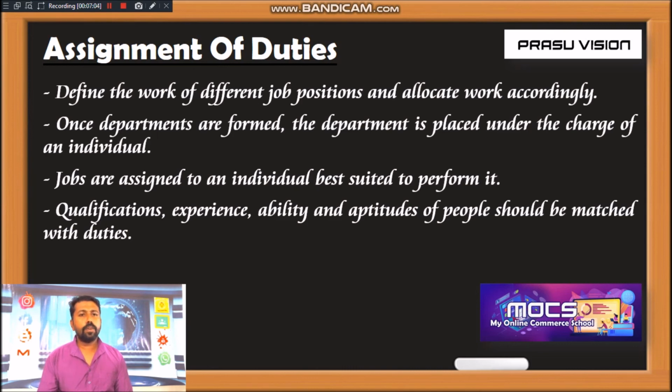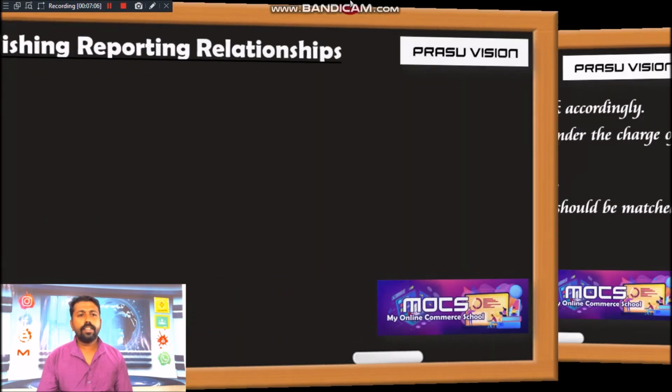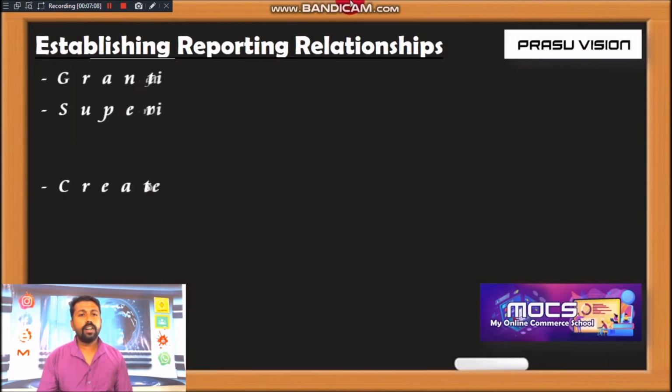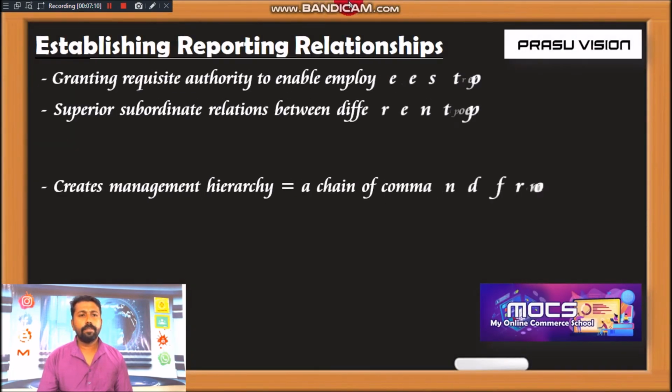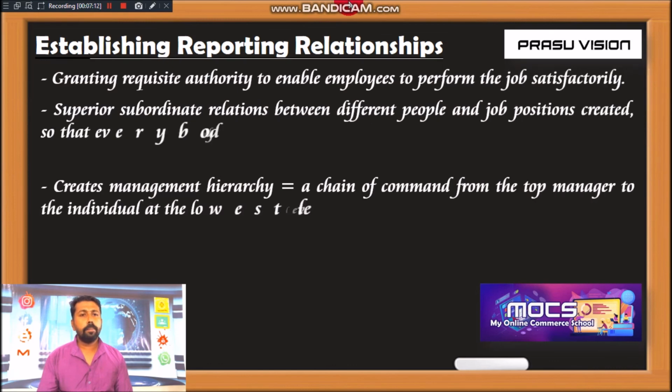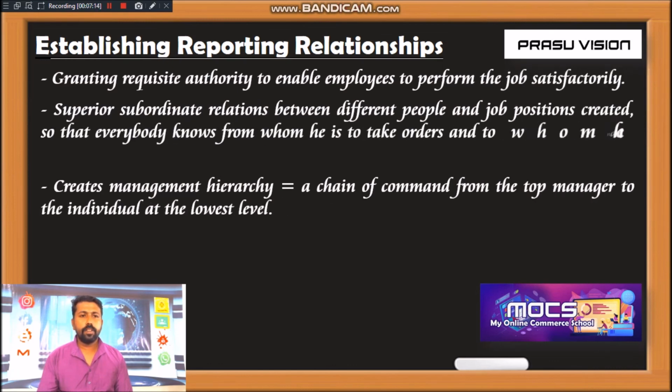And the last process in organizing is establishing reporting relationships. Without proper relationship between the superior and subordinates, nothing is going to happen. After assigning the duties, there should be a rule or policy about who is obedient to whom.